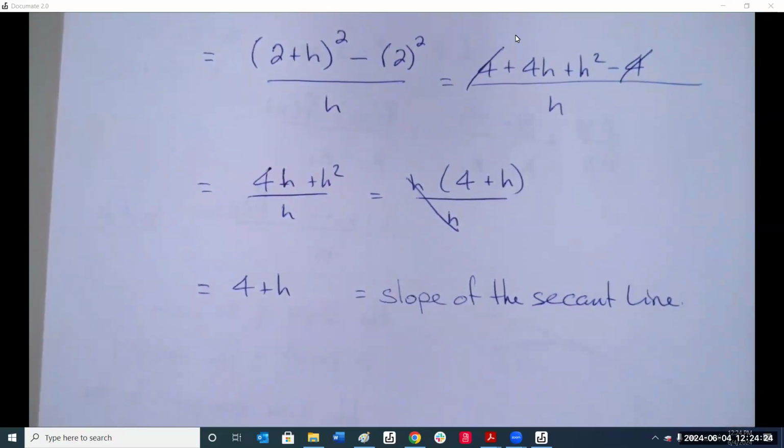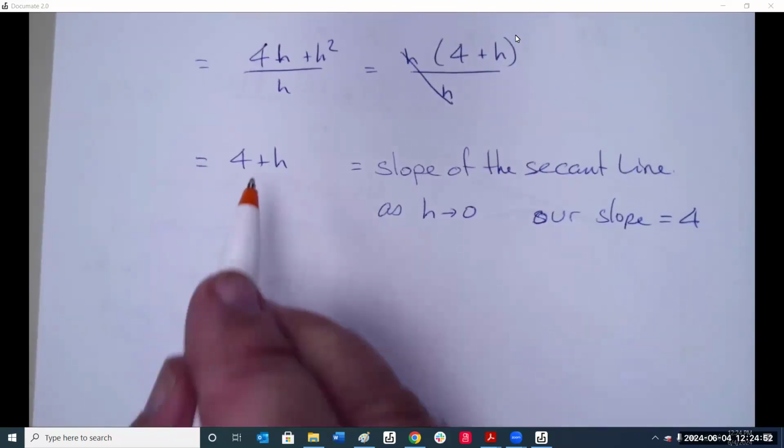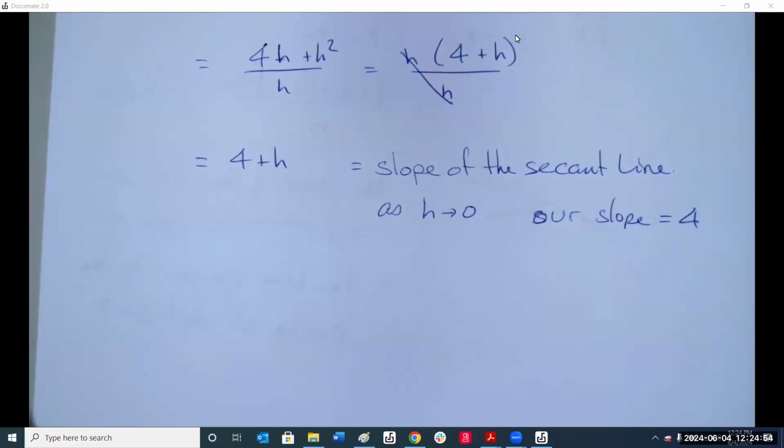It's the slope of the secant line. We just defined it a second ago. So now what do we do from there? As h goes to 0, our slope becomes 4.